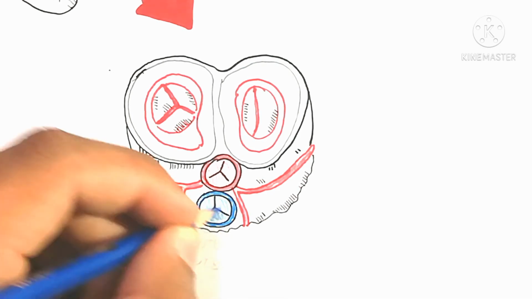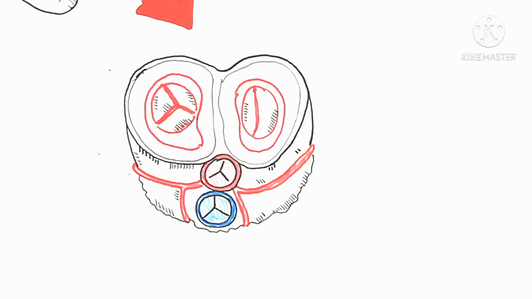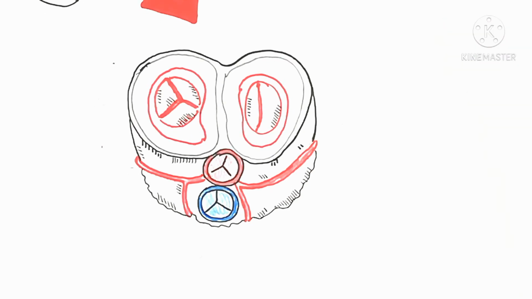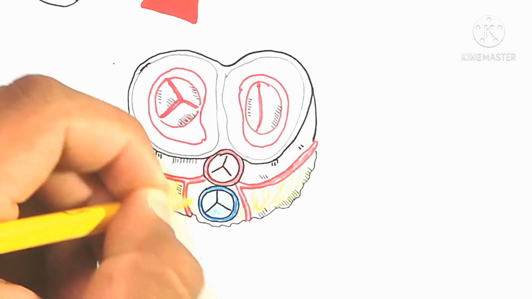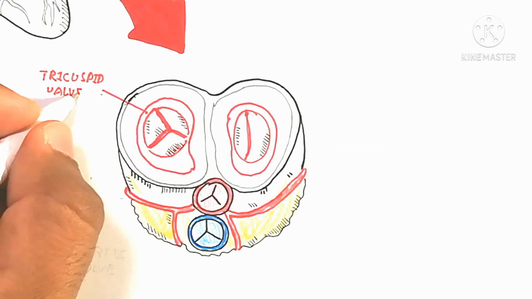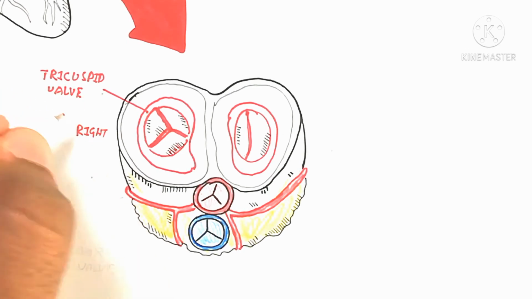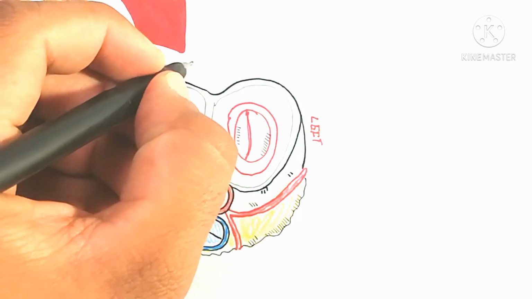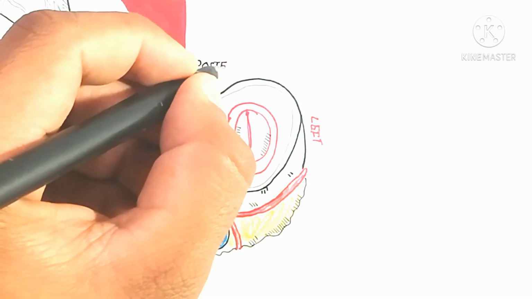The red color shows the aortic valve, which contains three leaflets, and on the other hand the pulmonary valve also contains three leaflets, just like a tricuspid valve. Here is the right side, and on the other hand is the left side, which shows the right atrium and right ventricle.